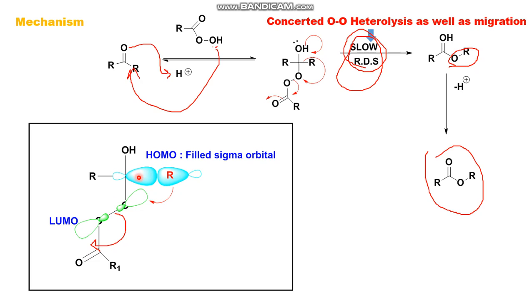The HOMO of this C-R bond is going to donate one pair of electrons to the LUMO of this oxygen-oxygen bond. So the bond order of this OO is decreasing. That's why this OO bond is breaking, by attacking this R group here.